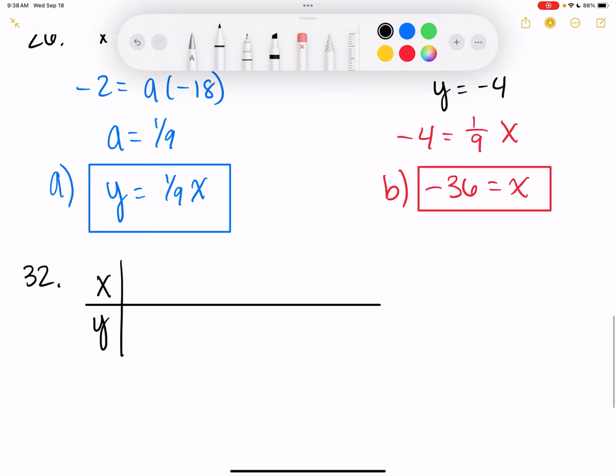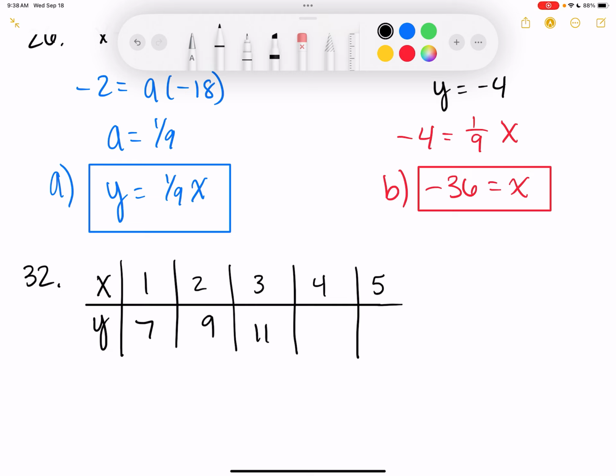The x values go from 1 to 5. The y values going across are 7, 9, 11, 13, and 15. The x values aren't always 1 through 5, just for this particular problem.